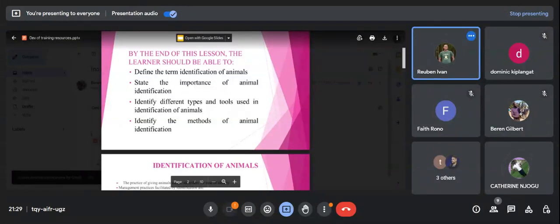Yes, correct. Thank you. That is now what we are going to look at in the identification. Because a name, for us, identifies who we are. Is it true? So, what is identification? What is identification?